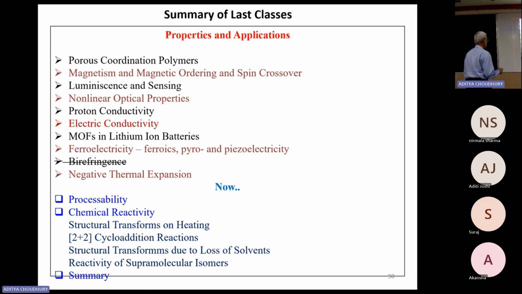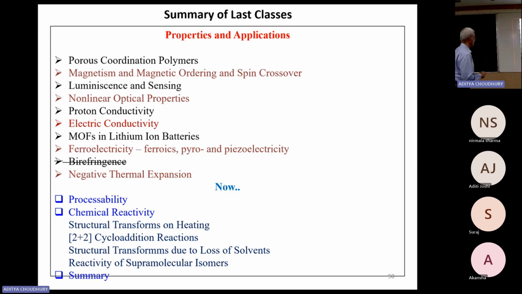And then how one can use MOFs for lithium-ion batteries. And again, for lithium-ion batteries, many people use MOFs as anode material, not as cathode material. Not much work has been done, and we try to understand how MOFs can also be used as cathode materials.